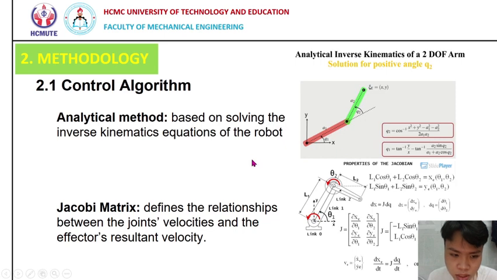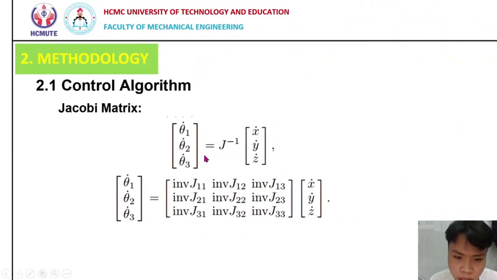The second is the Jacobi matrix. The Jacobi matrix defines the relationship between the joint velocities and the effector's resultant velocity, which means here we have the velocity, meaning the derivative of x, y, and z.